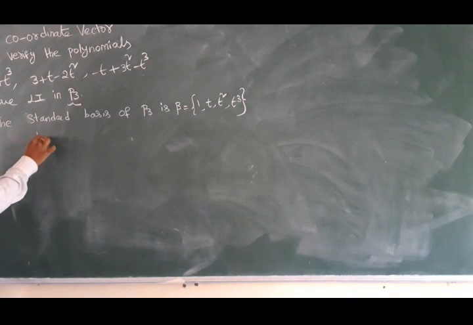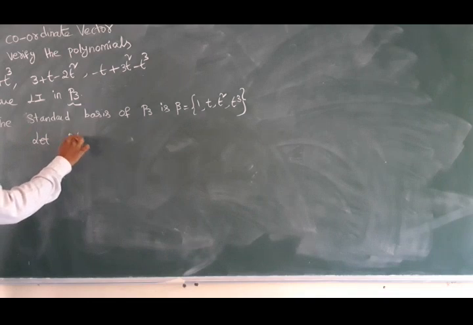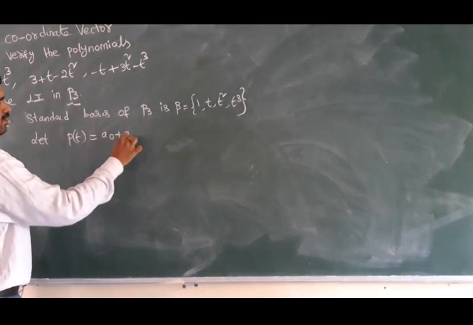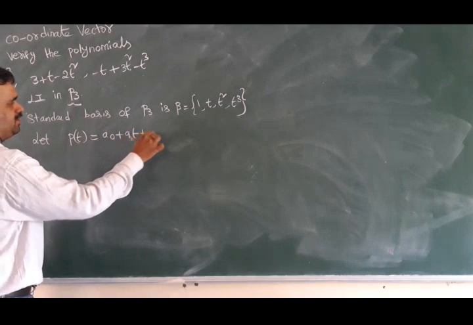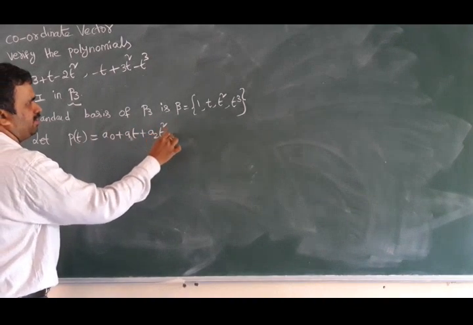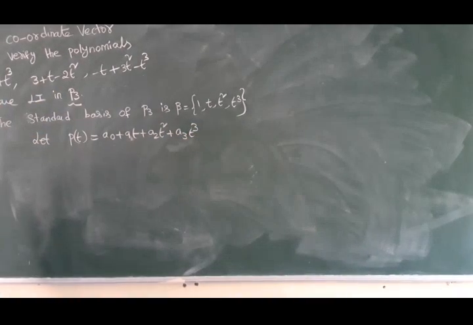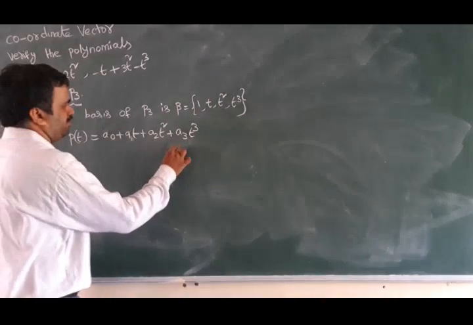Let p of t equal a0 plus a1 t plus a2 t squared plus a3 t cubed, where a0, a1, a2, a3 are real numbers.